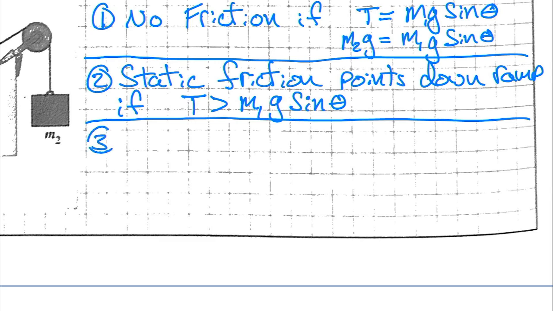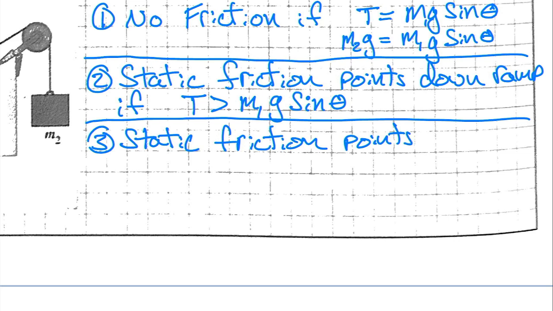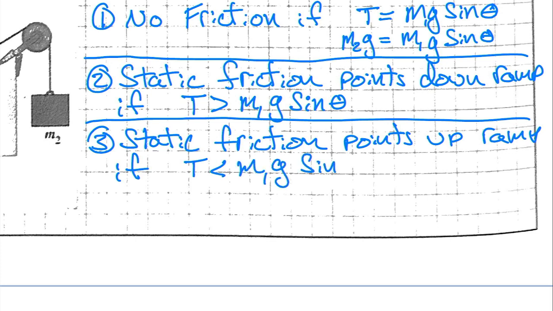Number 3. Static friction points up the ramp if tension is less than m1g sine theta.